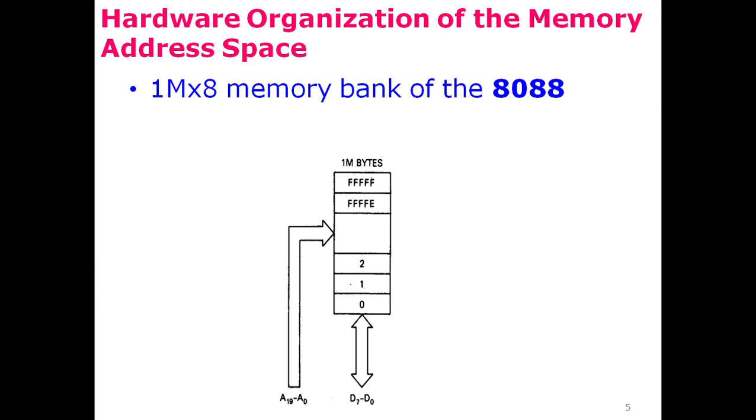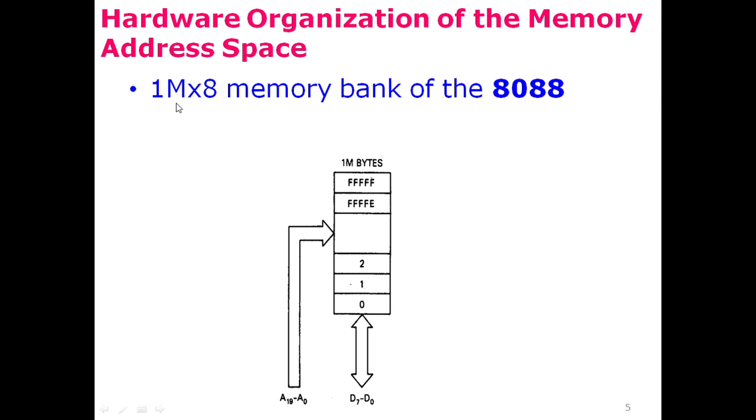Here we have the hardware organization of the memory address space. For example, the 8088 microprocessor can support 1 megabyte of memory. The 1 megabyte memory is organized as 1 mega locations, and each location has a storage capacity of 8 bits, so it is organized as 1M by 8.